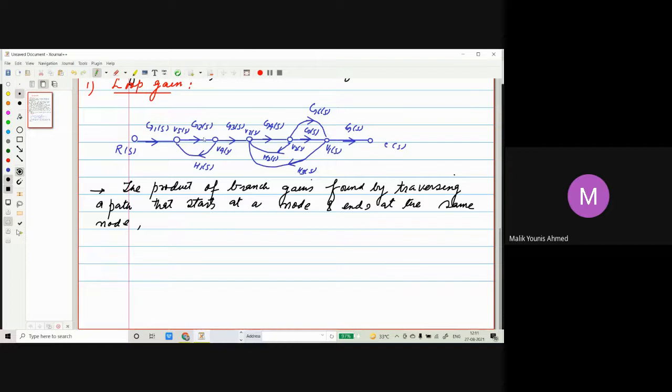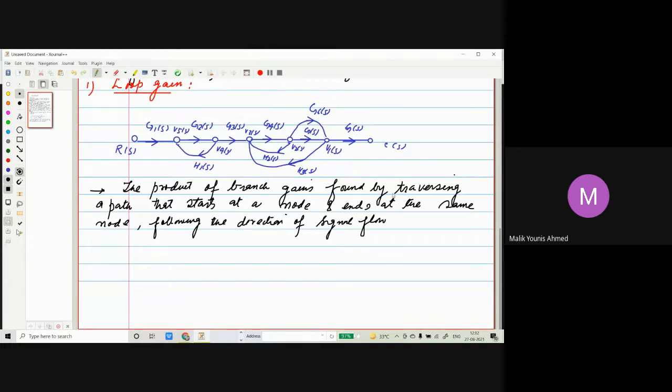So you have to follow a single direction of the signal flow graph, the direction of signal flow, where the signal flows in one direction, either forward or backward.